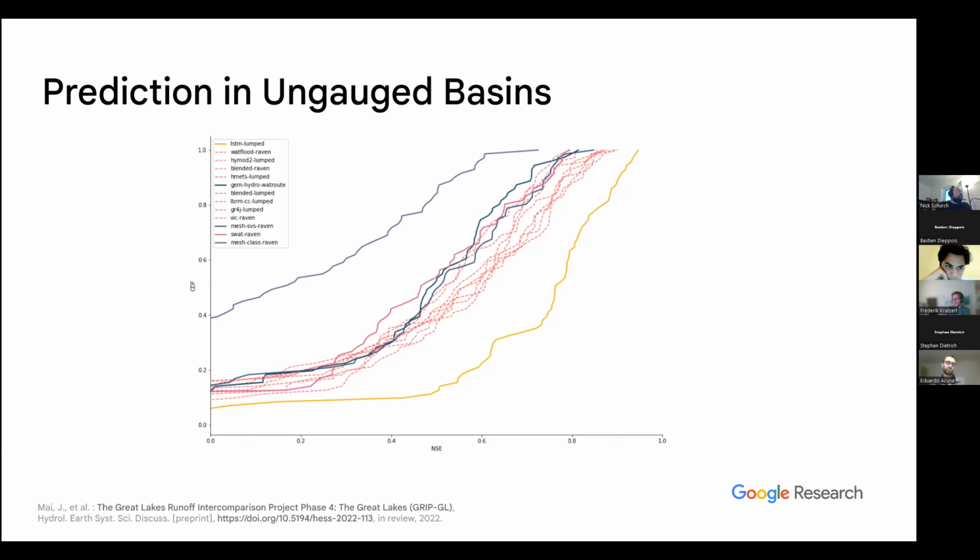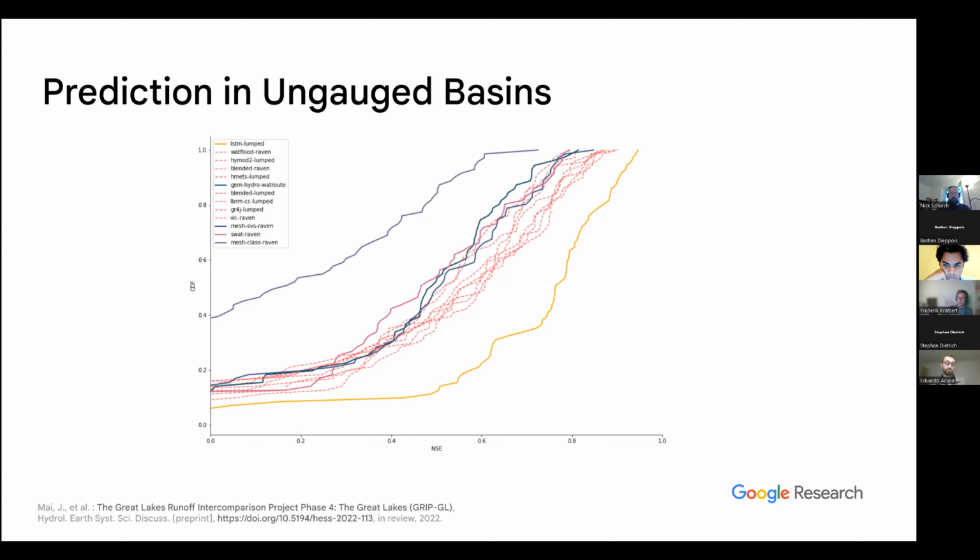So this is what you see. Again, the dashed lines are different hydrology models that are calibrated on a different basin set for each basin individually. To participate in this challenge, they used a donor basin approach. They took the spatially closest basin, took the model parameters from this basin and applied them to the ungauged basin, which has limitations.